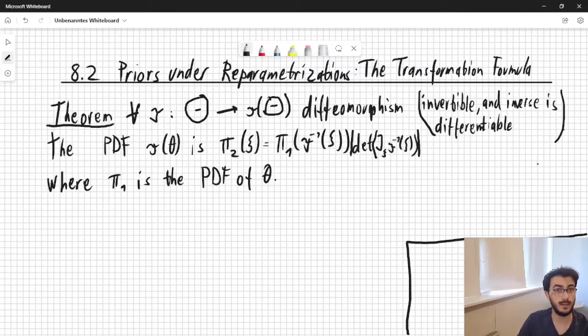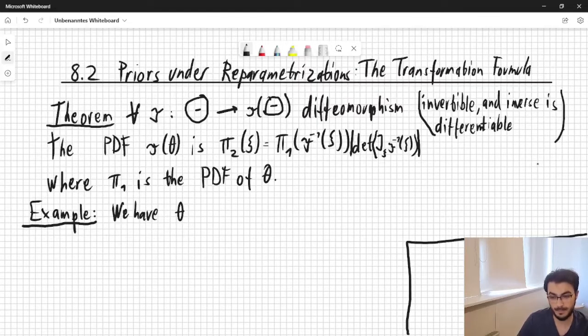So this has a consequence. We already saw this in the last subsection. But I want to formalize this, and I want to show a really nice example. So let's say we have some theta, and that's just the vector of probabilities that we collected from some data set.